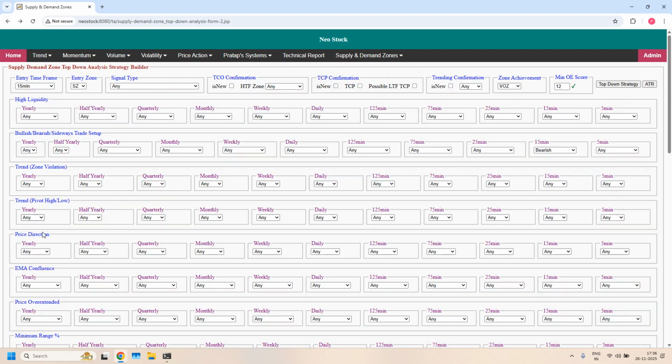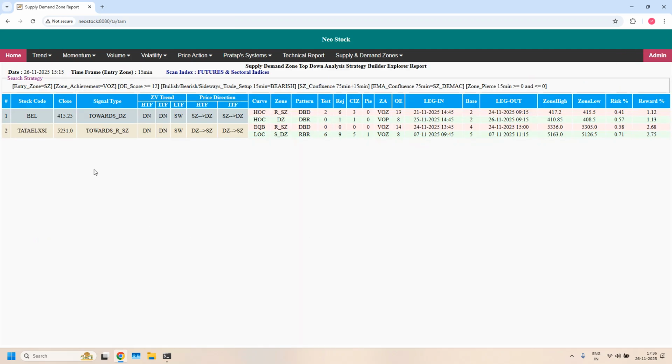So again I am filtering based on the EMA confluence at 75 minutes supply zone having daily EMA confluence. So two stocks are filtered. So these two 15-minute supply zones might be having more high probability to get success, provided less than 20 checklist items are satisfied. Otherwise, higher chances of zone violation.